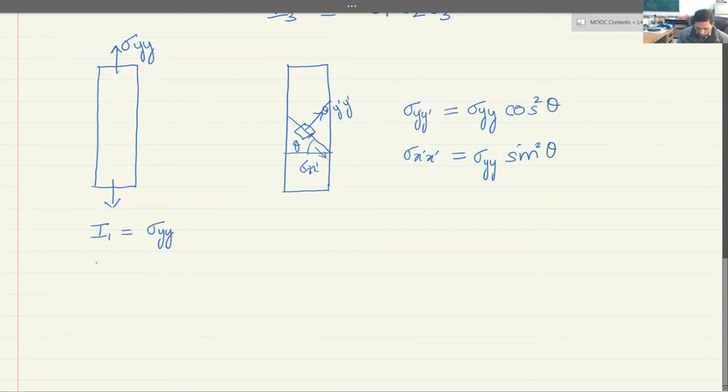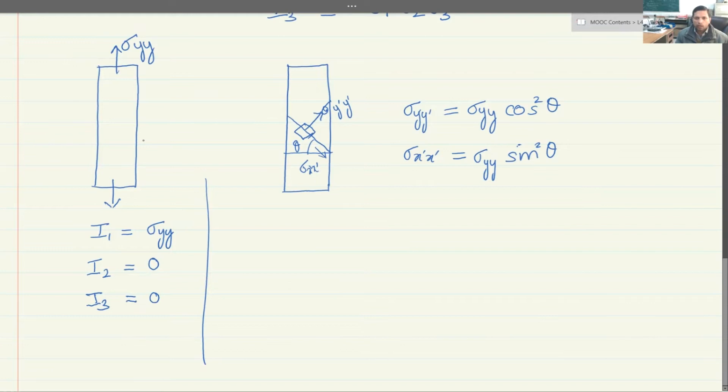For I2, if you go back and look at the values, all the values are 0, and therefore it turns out to be equal to 0. For I3, again, all the components turn out to be 0, and therefore I3 is equal to 0. So these are the values of I1, I2, I3 that we obtained for the left condition.